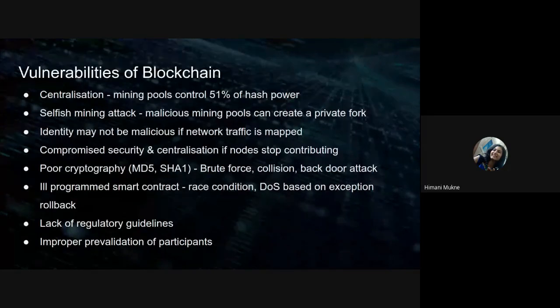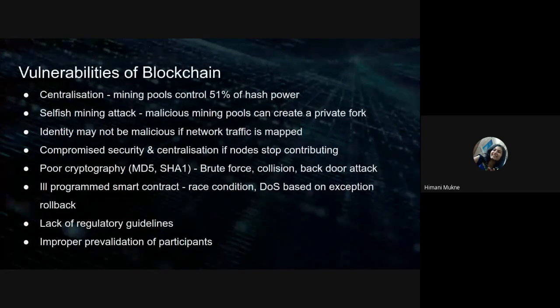The biggest concern that we see is the centralization bit that we see in Bitcoin or Ethereum. What happens here is a malicious mining pool can control 50% of the total hash power. It can control which transactions are valid or not. So even if a legitimate transaction comes, it can very well discard it.